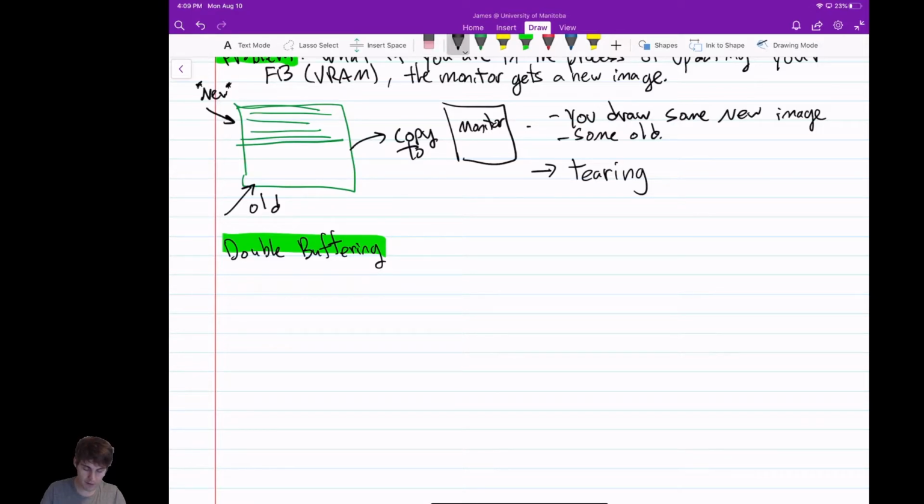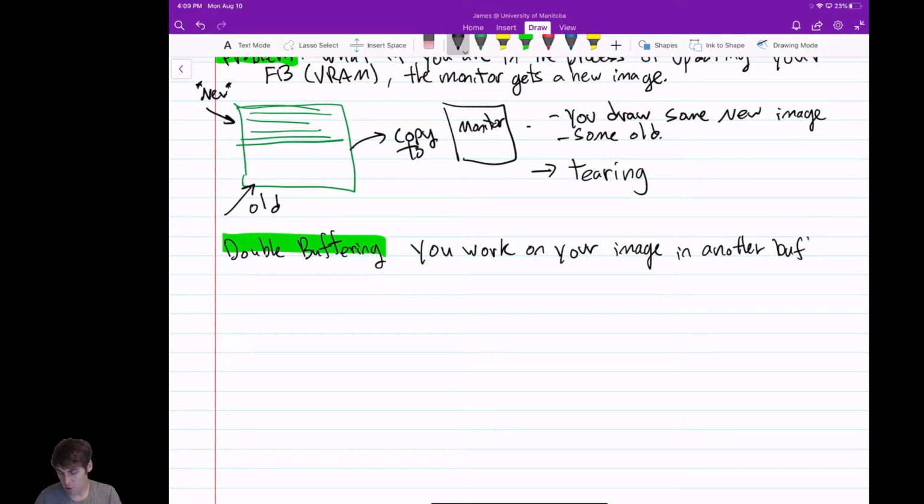You make a new buffer and work on your image in another buffer in your main memory. The idea is that it might take you a little bit to draw it. Sometimes video cards give you extra memory in VRAM to work in.